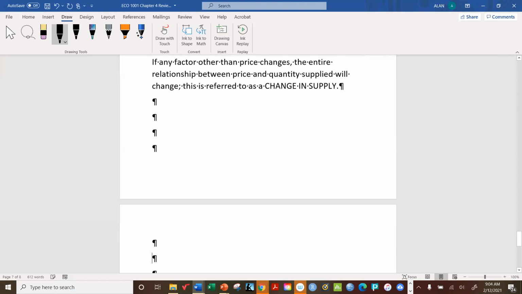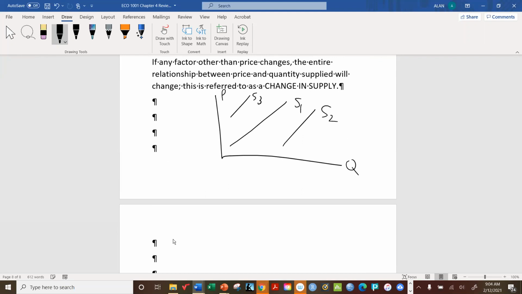Okay, so this is exactly what we saw before with demand. The entire curve shifts, let's say from here to here, or possibly from here to here. That means the entire curve is shifting. It could go to the right, it could go to the left.